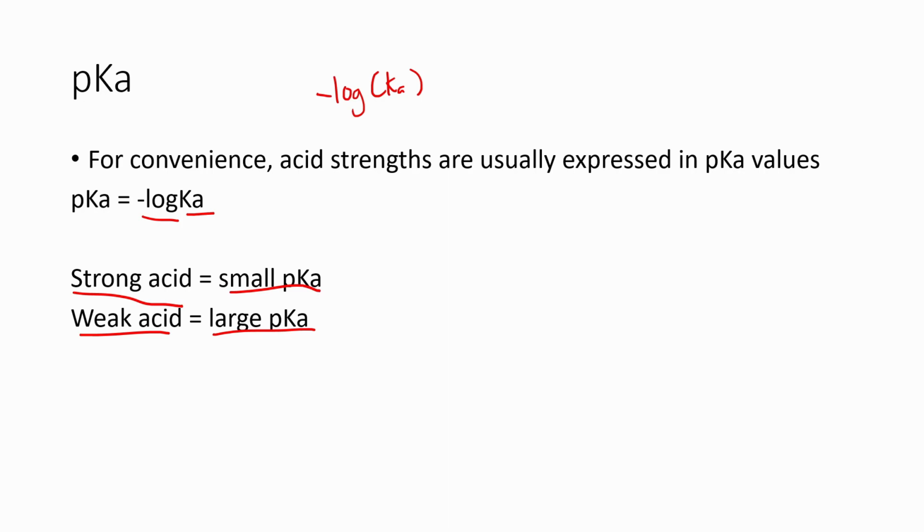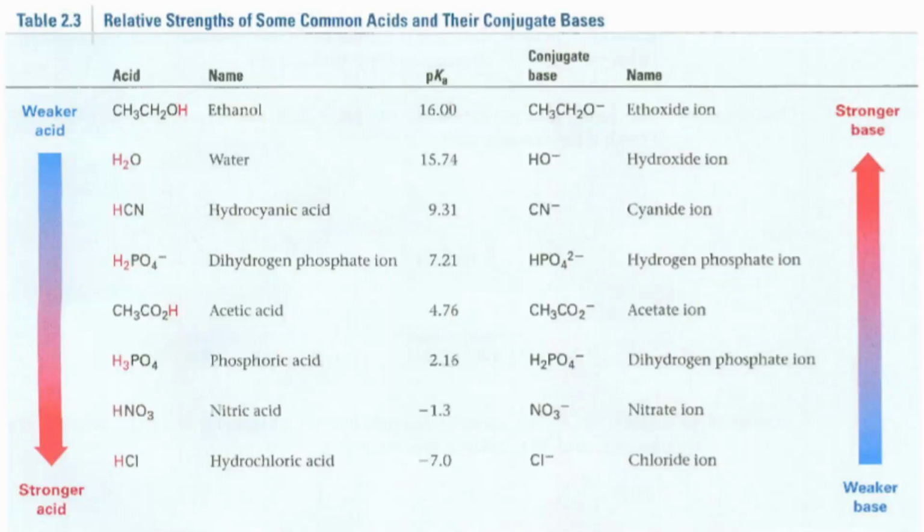In the next slide, we have the relative strengths of some common acids and their conjugate bases. As you can see, the strongest acid here is hydrochloric acid, which has a pKa of negative 7.0. Remember, the smaller our pKa is, the stronger our acid is, and the larger the pKa, the weaker.